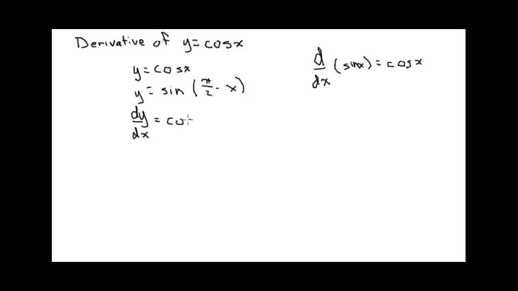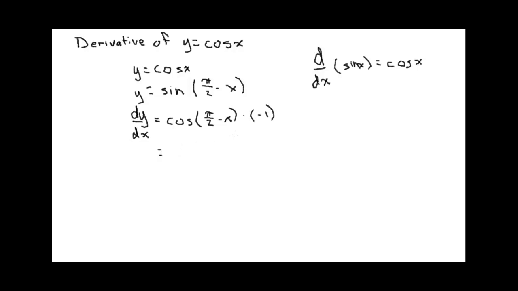Well, we have the rule right there. Derivative of the outside function is cos of the inside function, so cos of pi by 2 minus x, times the derivative of the inside function. In this case, the derivative of pi by 2 minus x is negative 1.